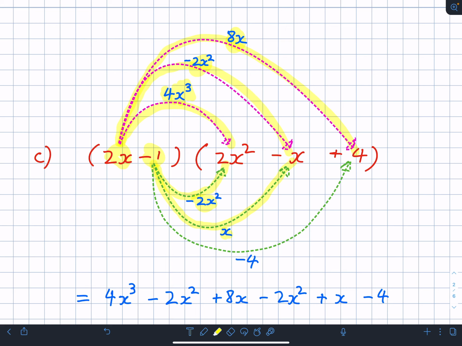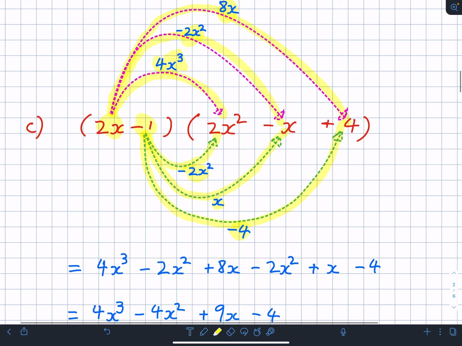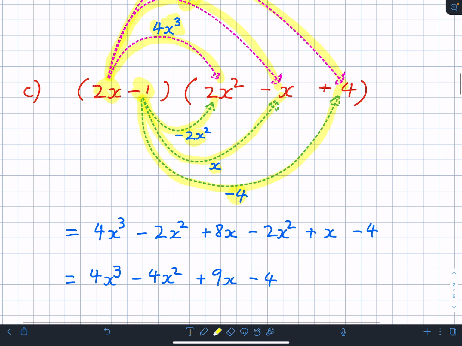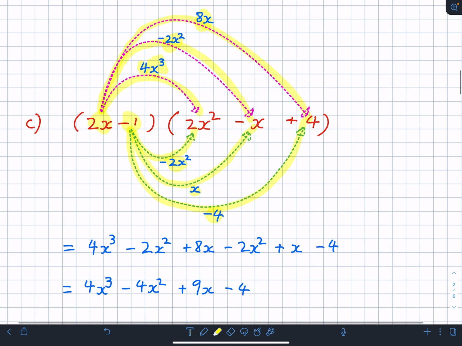And then thirdly, we have negative 1 times 4, that will give us negative 4. So we've expanded. So we have 4x to the power of 3 minus 2x squared plus 8x minus 2x squared plus x minus 4. Now we want to collect our like terms.